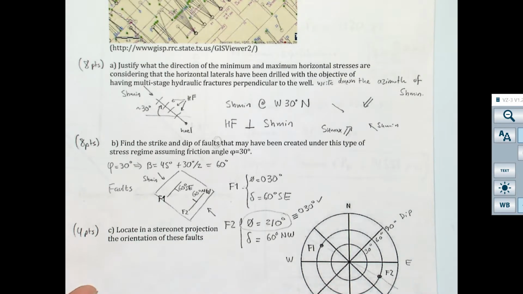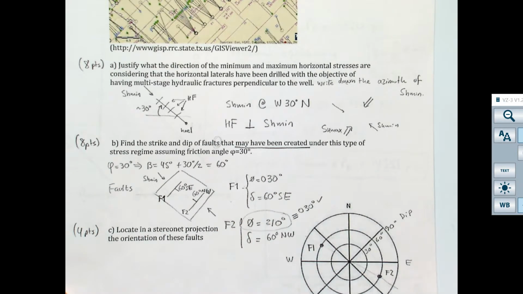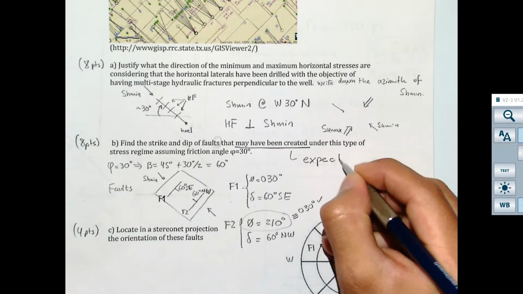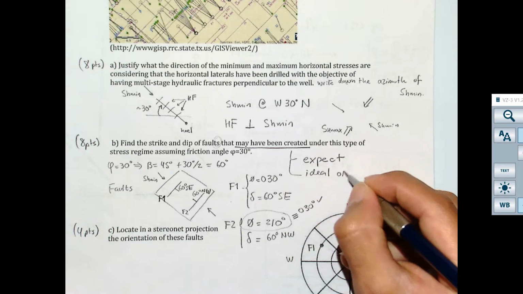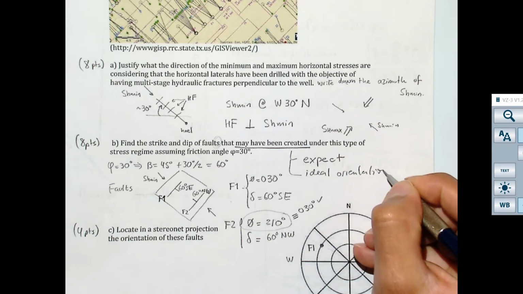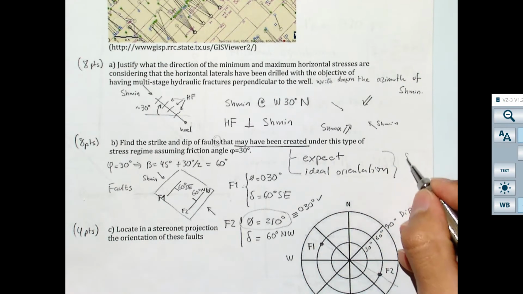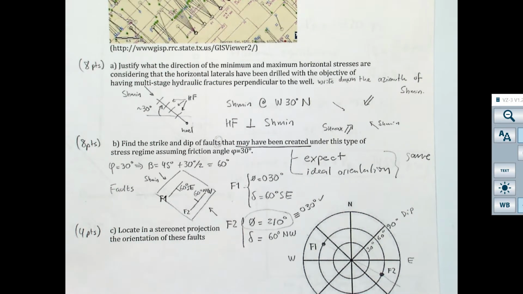So here I use different keywords to say the same thing: what kind of faults may have been created, or what kind of faults would you expect, or what would be the ideal orientation of faults that would happen in this place. These are all the same, okay? It means what you would expect, what would be the ideal orientation of faults.